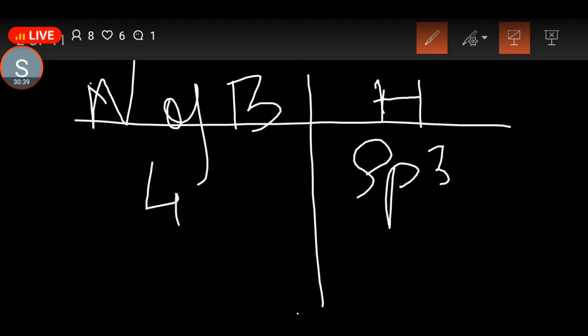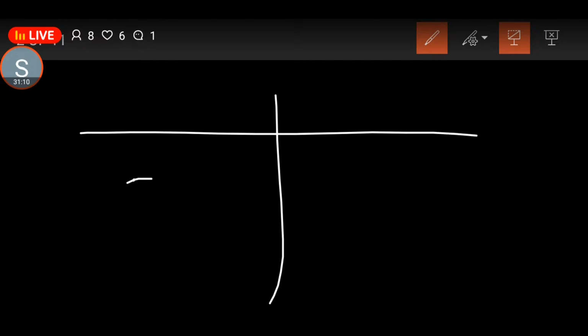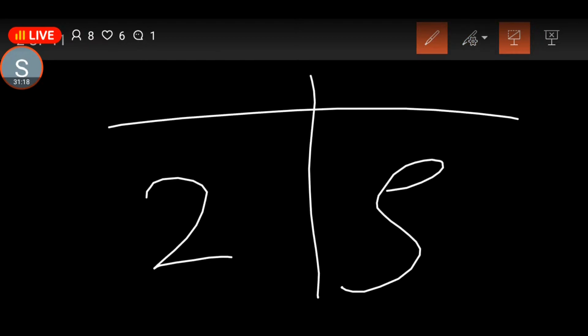Number of sigma or pi bonds plus lone pair of electrons. Lone pair of electrons I will tell you in a while. First let me complete this. If it is 4, it means sp cube, if 3, it means sp square, if 2, it means sp, there is no 1 here.